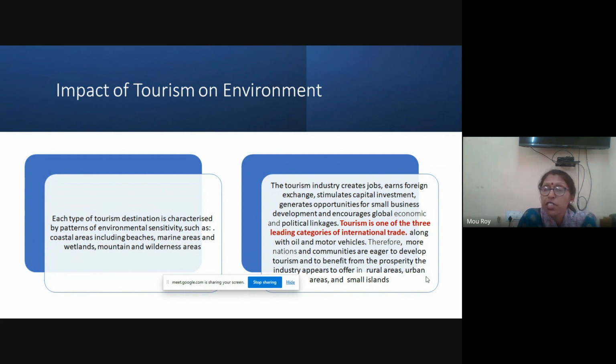But if you visit an ecotourist destination, if you're a nature lover, if you want to feel the beauty of nature, see the art and craft of that destination, or taste the particular cuisine of that area, you have to interact with the people. In that case, you have to ensure that the environment is not being polluted or destroyed. So that is very important.